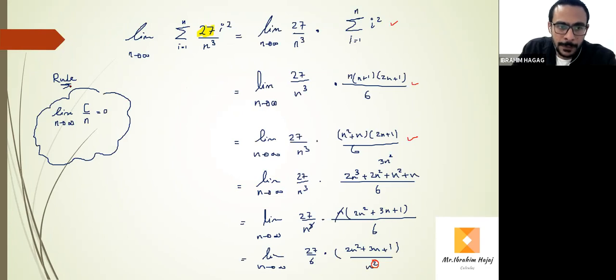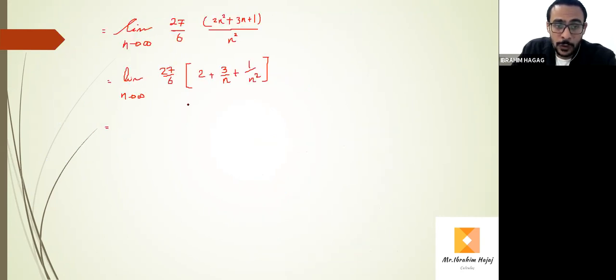So 3 over n and 1 over n squared will be canceled because n goes to infinity. Excellent. Based on this fact, we said in the previous session, the first session today, in the first term, that the limit as n approaches infinity of c over n equals 0. Here c is a constant, like 5 over n: as n approaches infinity, 5 over infinity is 0.